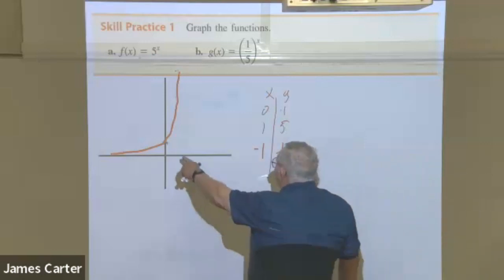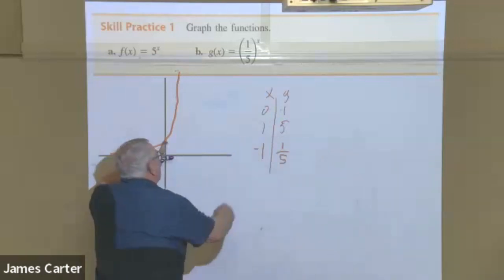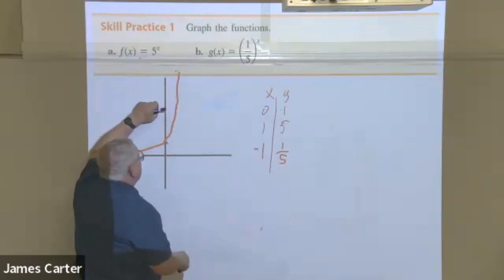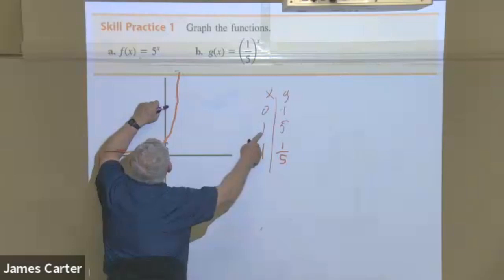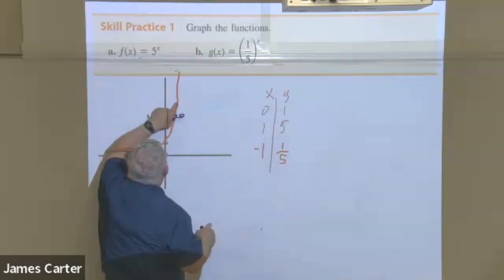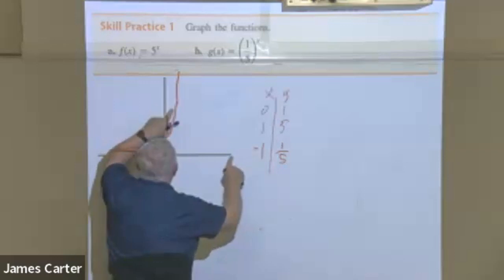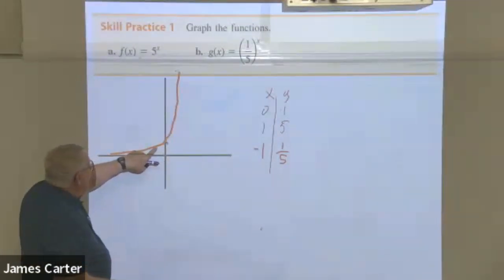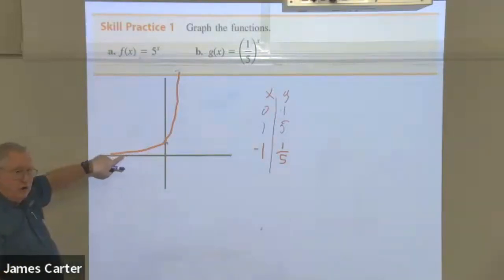Okay, we got the point 0, 1. Then we got the point 1, 5. Then down on this side, if x is negative 1, I've got 1/5, then 1/25th, then 1/125th, and 1/625th, and so on. And that's as far as I got them memorized.